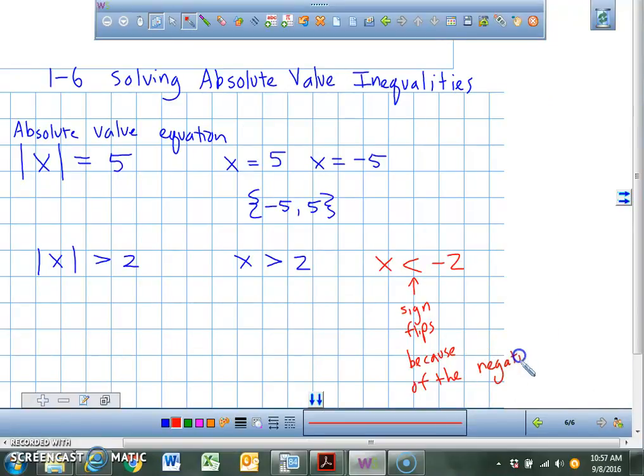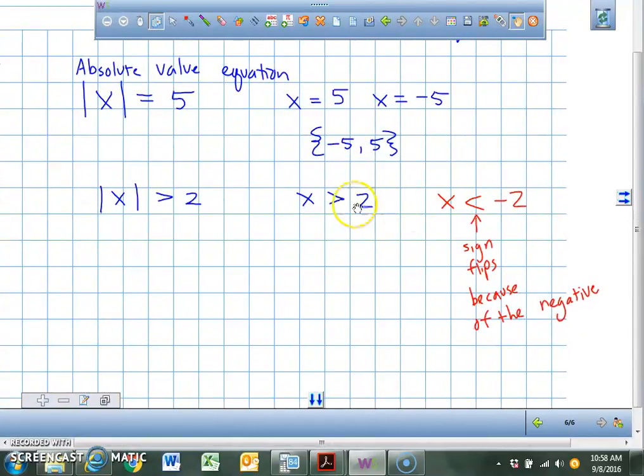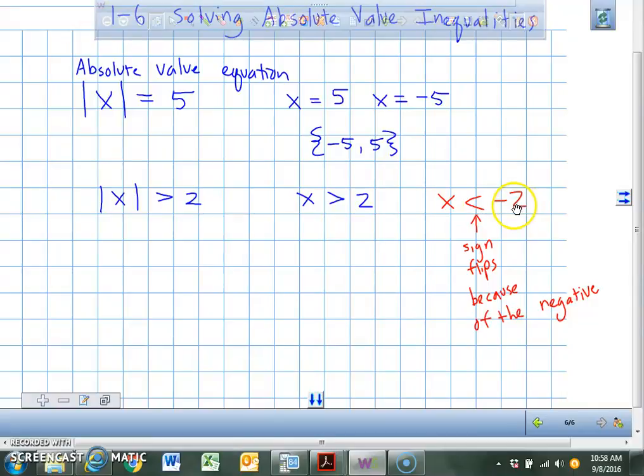So if we flip it, you'd have 2 answers: the first one is x greater than 2. For the second one, you have x is less than -2. You flip it. And so we're going to have 2 answers. One's this one, one's this one.